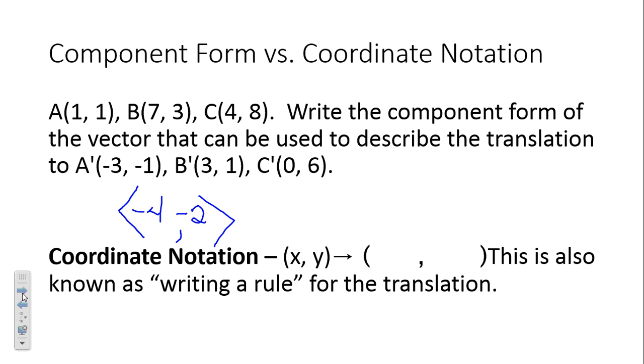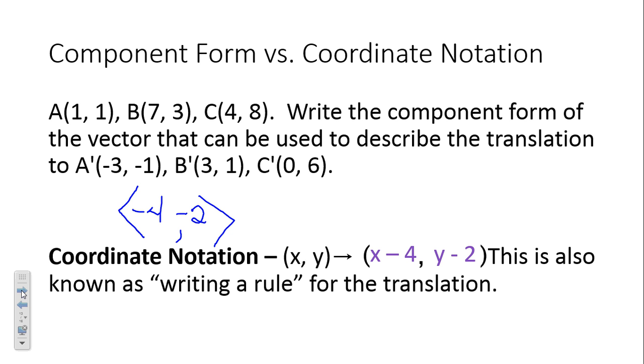X is now going to become x minus 4, and y is now going to become y minus 2. That's also known as writing a rule for a translation.